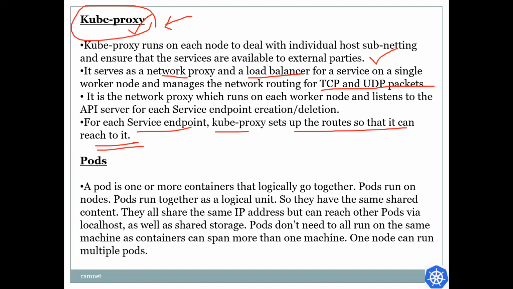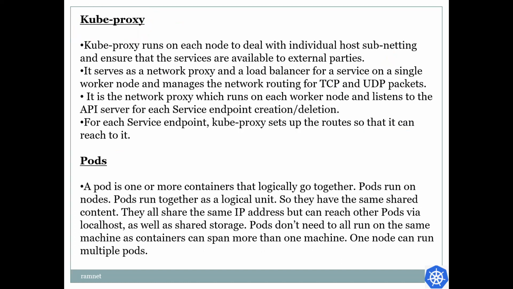It listens to the API server for each endpoint creation and deletion. The entire communication with the outside, establishing the paths and information, is done by the kube proxy, along with proxying and load balancing, as well as taking the API requests from the outside.